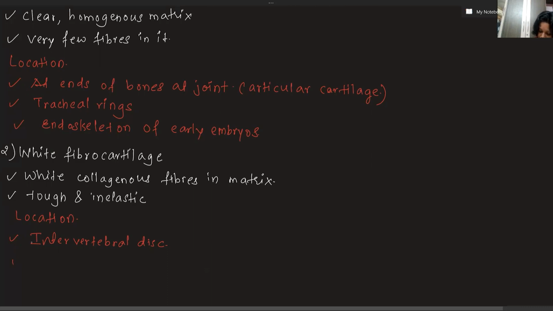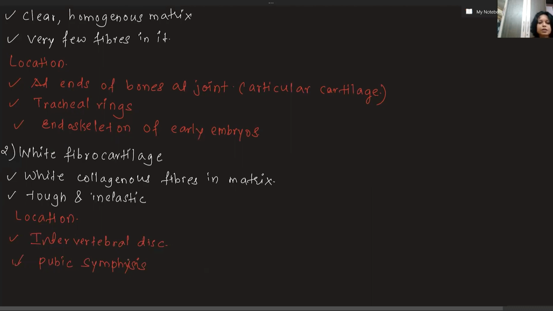Second, pubic symphysis. Pubic symphysis is a cartilaginous joint between two pubic bones of pelvic girdle.